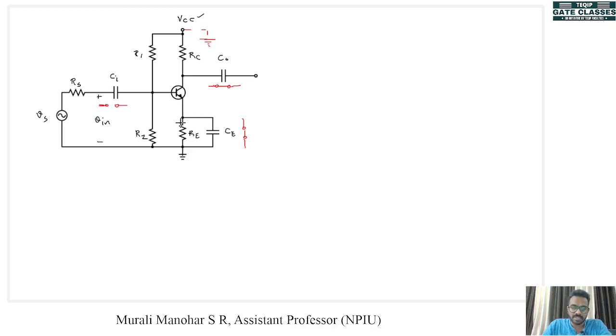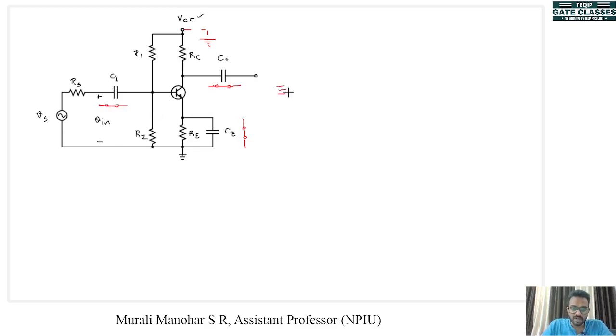This will bypass this resistance RE, so that only DC currents flow through RE, and during the operation of this amplifier, the current through RE does not change the operating point. If both AC and DC currents flow through RE, that will change the operating point. So in order to avoid that, we have CE, that is the bypass capacitor. So here we have a short circuit, here also we have a short circuit.